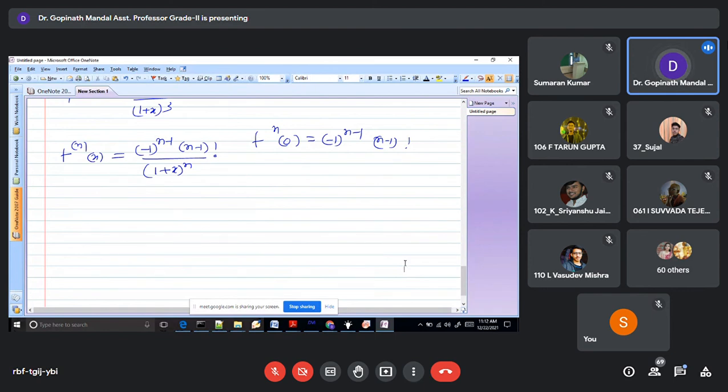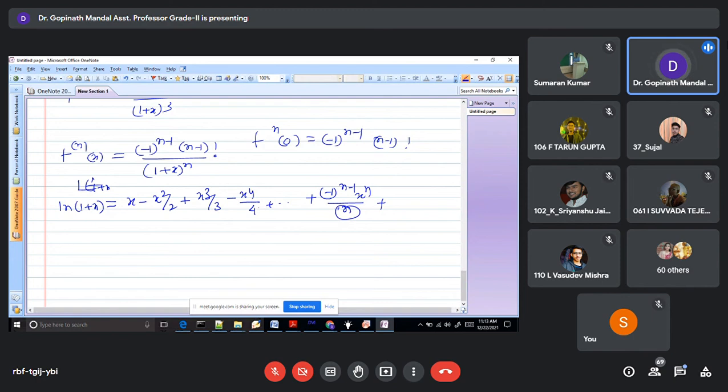Now apply Taylor's theorem. So ln(1 plus x) will be equal to, just put the formula and the values of f dash 0, f double dash 0, and all, we get x minus x square by 2 plus x cube by 3 minus x4 by 4, and so on, up to minus 1 to the power n minus 1 times x to the power n by n, not factorial n.